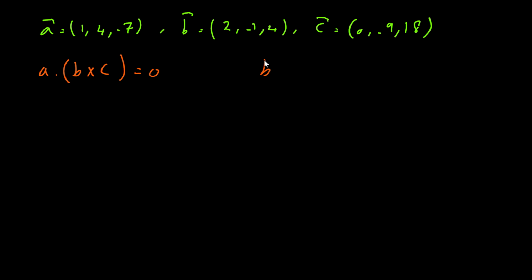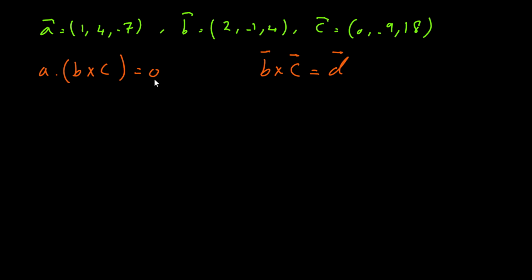So B cross C is going to give us vector D, and vector D is perpendicular to both of them. So if D dot A gives us 0, that means D is perpendicular to A, so that means that they are coplanar. It's a little bit difficult to visualize, but that's how it is.